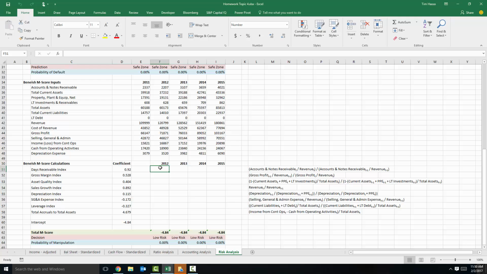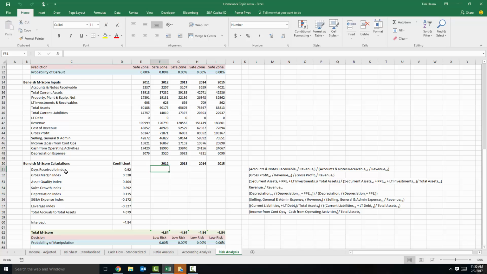So again, it's a bit complicated in the sense that there's a bunch of T minus 1s and so on. There's a lot of brackets here, so be careful when you add and remove brackets. For days receivables index, we're essentially just comparing the days receivable this year to the one last year.